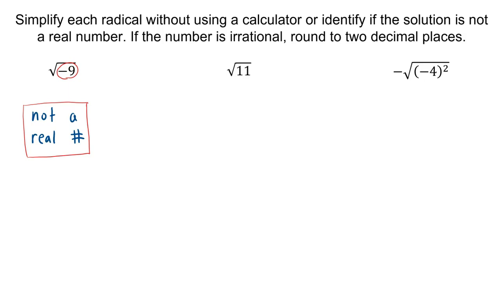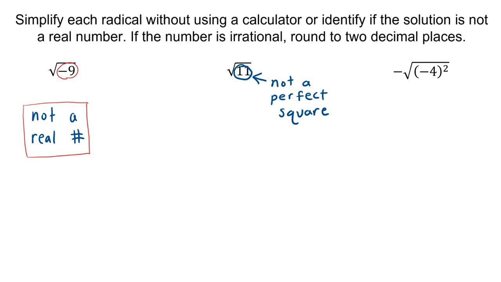The next example asks us to find the principal square root of 11. Now 11 is not a perfect square, but does the square root of 11 exist? Yes, it does. It's just not what I call a nice number.